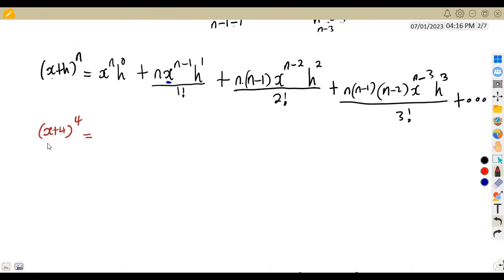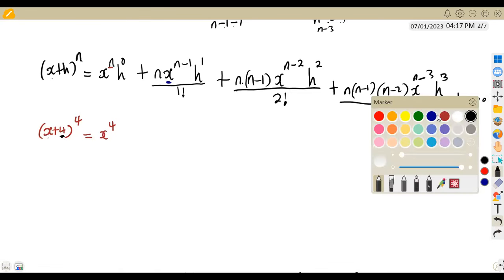We said the first thing, x is going to be raised to the exponent of n, which is your power, the exponent. So that's x to the exponent of 4 in this case, while our h in this case is represented by 4. So 4 is representing h. So this is going to be 4 to the exponent of 0.